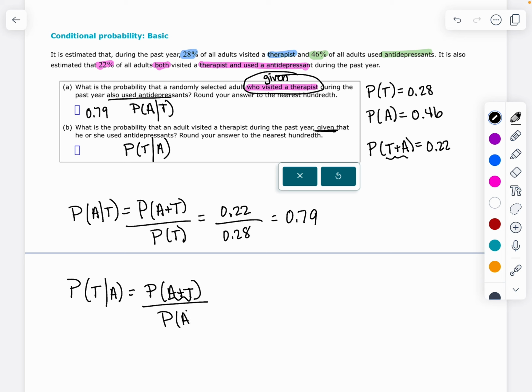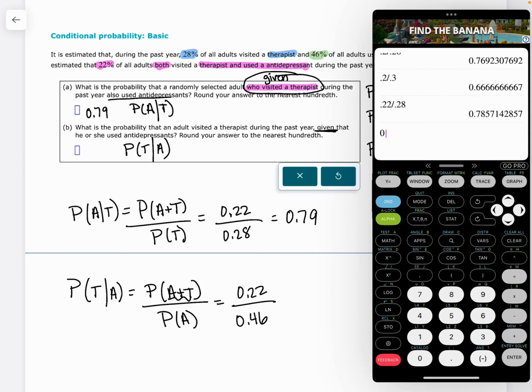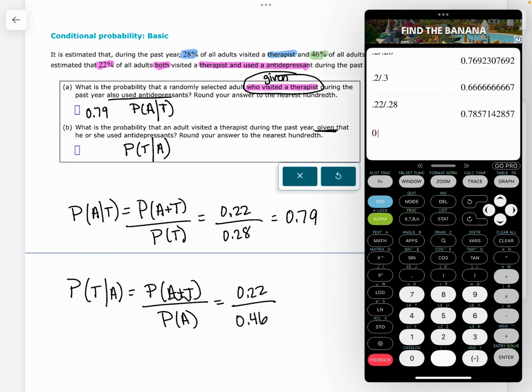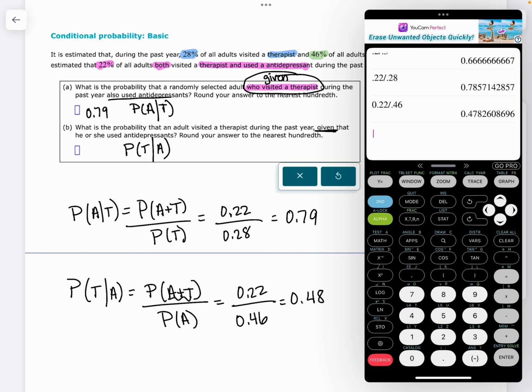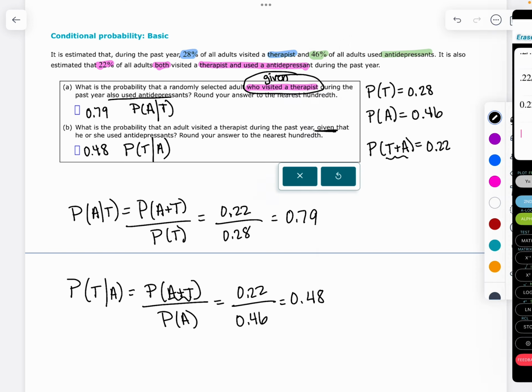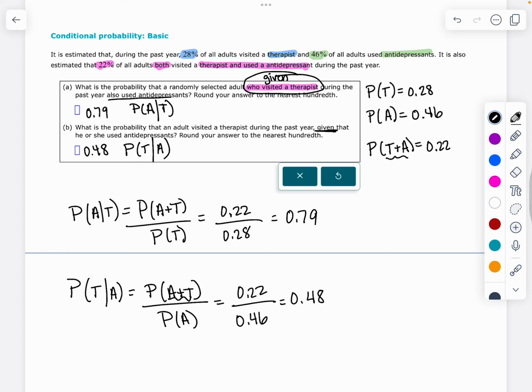There we go. 0.22 over 0.46. 0.48. There we go. All righty.